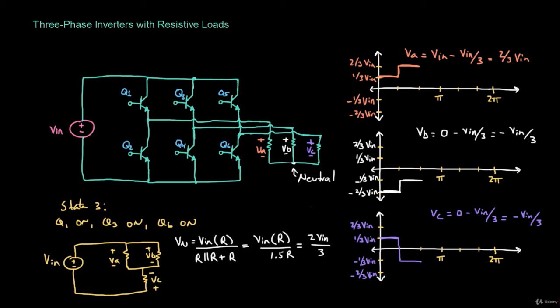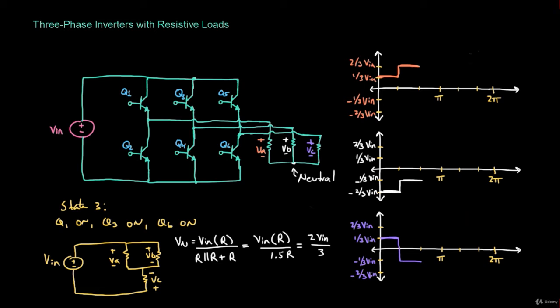Now let me go ahead and erase these equations on the right so we can calculate VA, VB, and VC again. Now we would have that VA is still connected to Vn, so this is going to be equal to Vn minus the neutral voltage, so 2/3 of Vn, so 2 Vn over 3. So this is equal to 1/3 of Vn. So now VA comes back to 1/3.